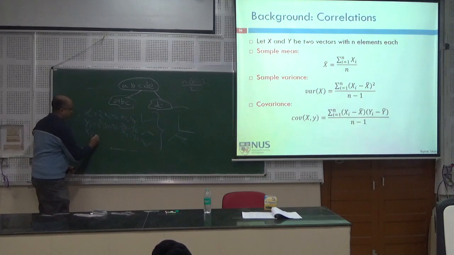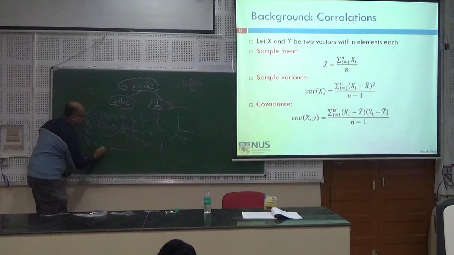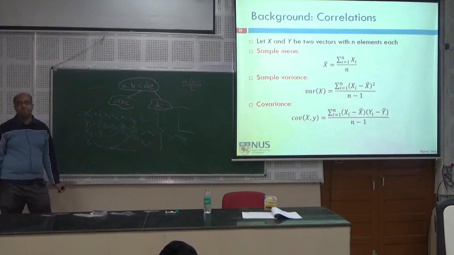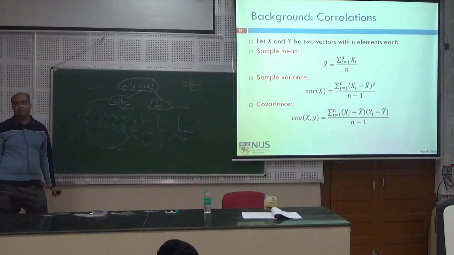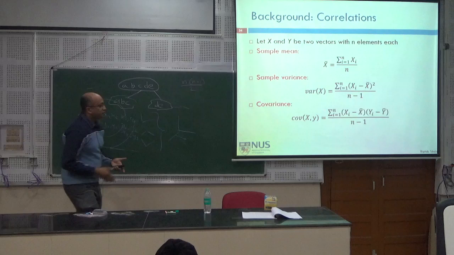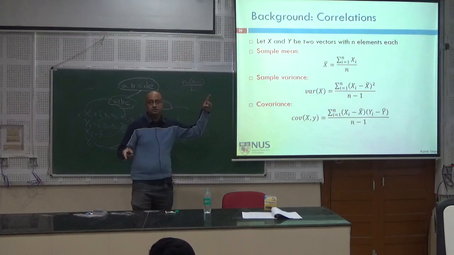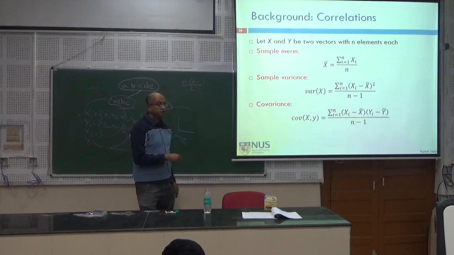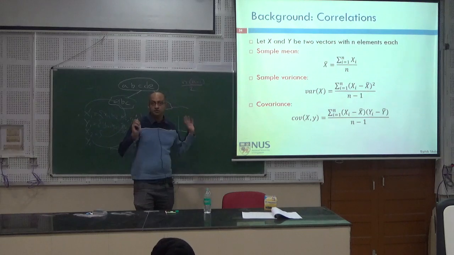And I also have an x2, which corresponds to this, and a y2, which corresponds to this. This x1 are all the values I'm getting for this guy. But anyway, if you have two different vectors, x and y, of values, you can also calculate their covariance. And there's a standard formula for covariance.